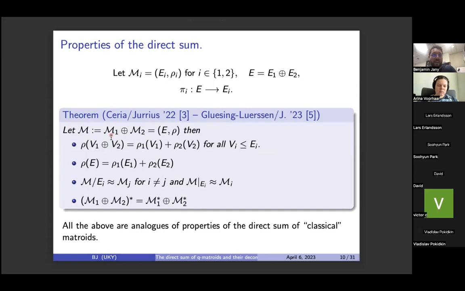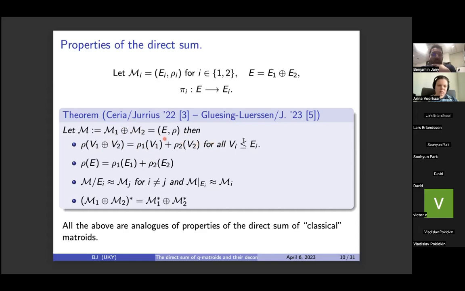And the properties that it satisfies are, so the rank of any space of the direct sum that can be decomposed into the sum of subspaces of each component nicely breaks down into the rank of the first component V1 plus the rank of the second component V2.